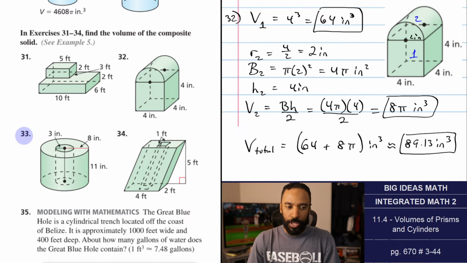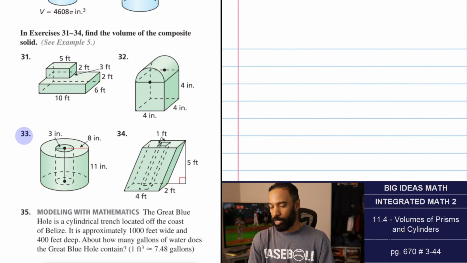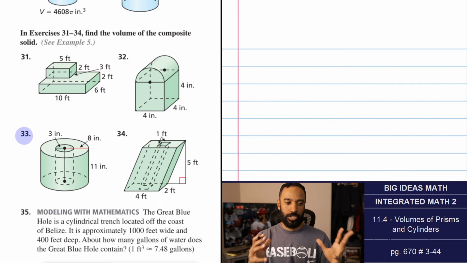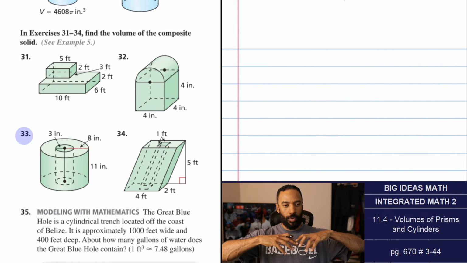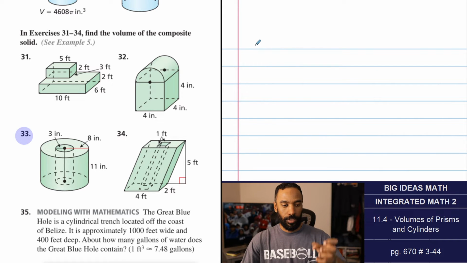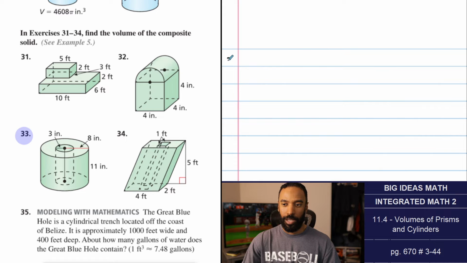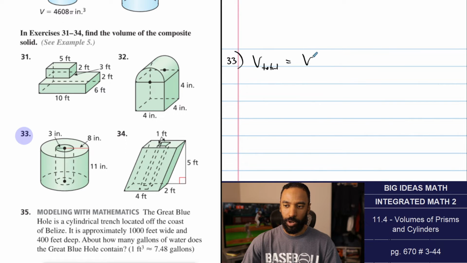Let's go to number 33. We have basically a toilet paper roll. There's the layer on the rim, it's a stack of discs. There's a hollow inside. We have to remove the volume of the inside, so it's a subtraction. The volume of the total is going to be V sub 1 minus V sub 2.